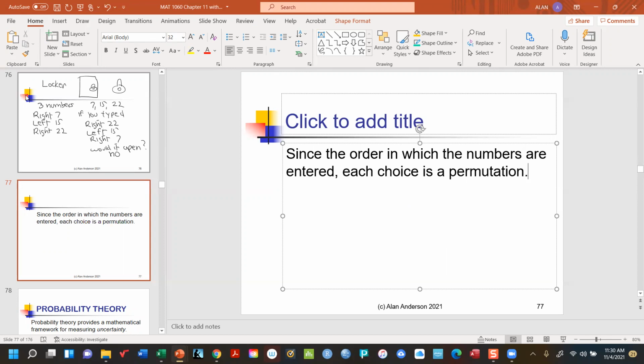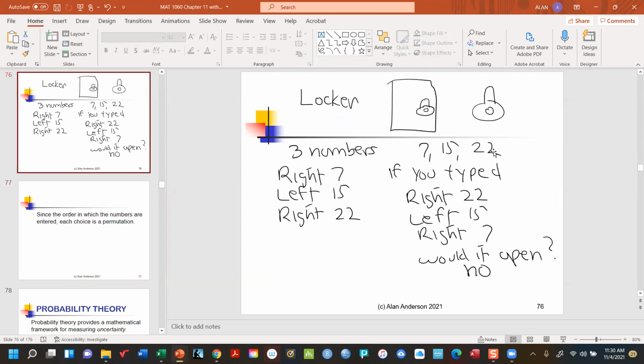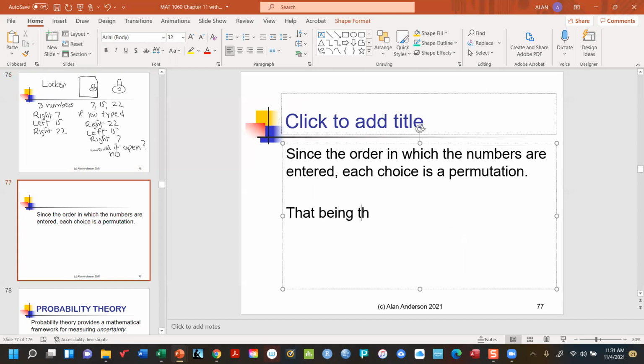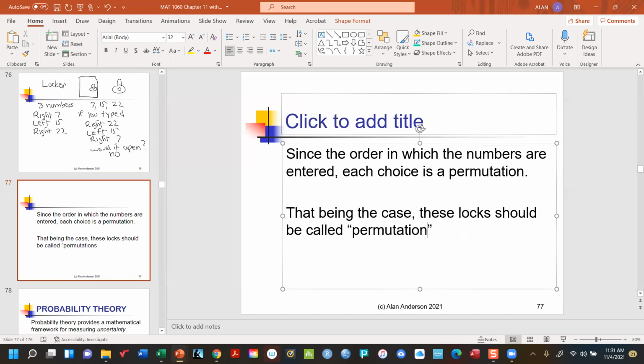In other words, 7, 15, 22 is one permutation because we're picking 3 out of 35 numbers and the order matters. So here's the question. That being the case, these locks should be called permutation locks instead of combination locks. Am I right?